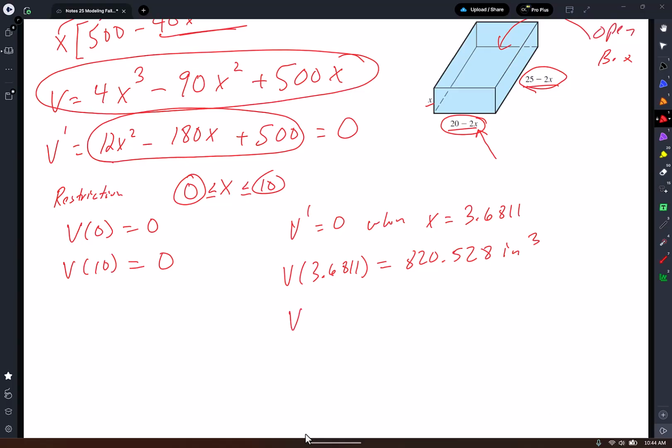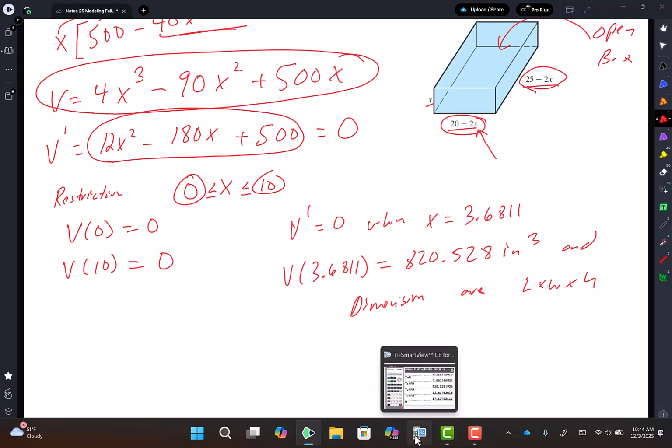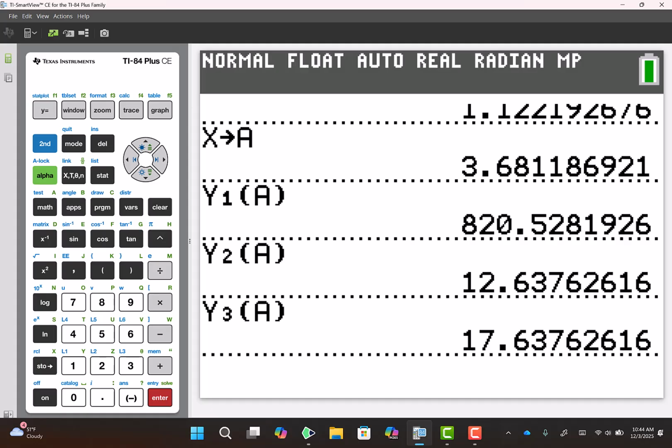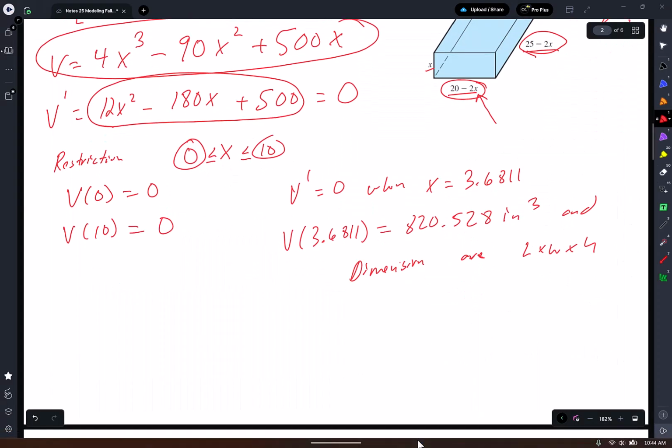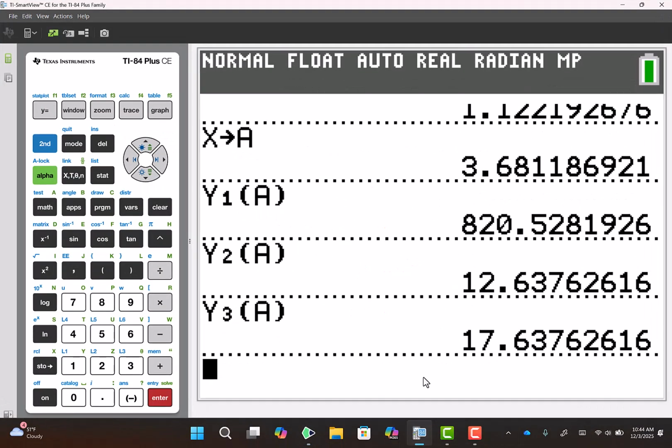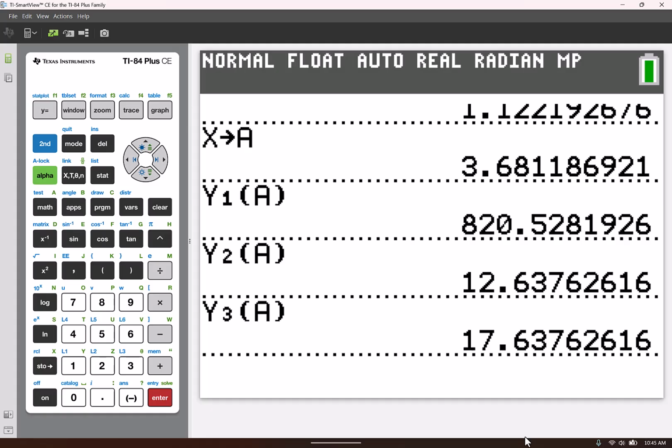And dimensions are, so let's do length by width by height. So length is, let's see, which one's length? Y2, 12.637 inches by width 17.6376.